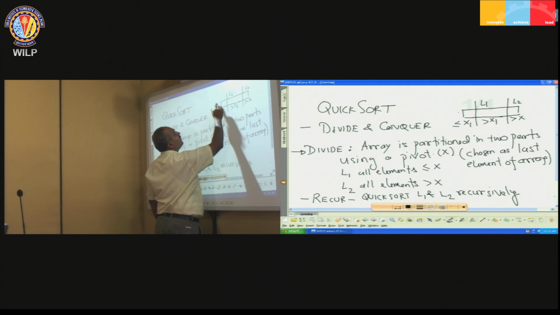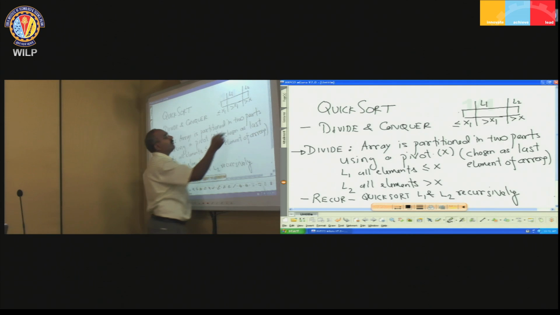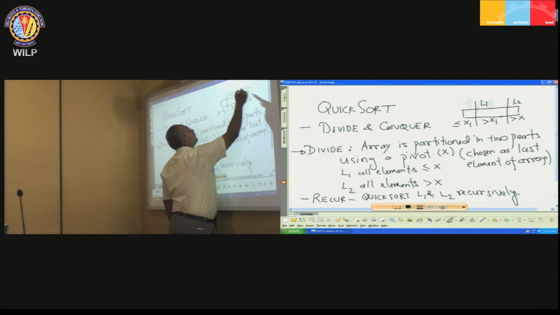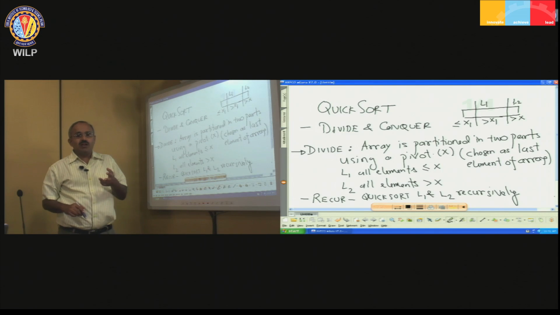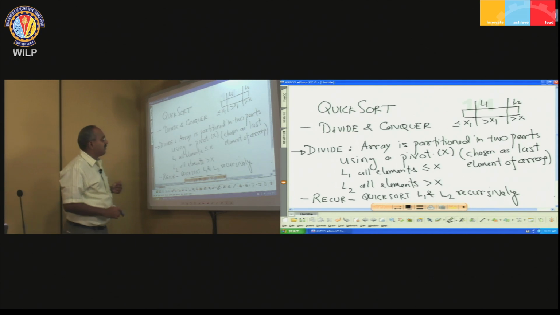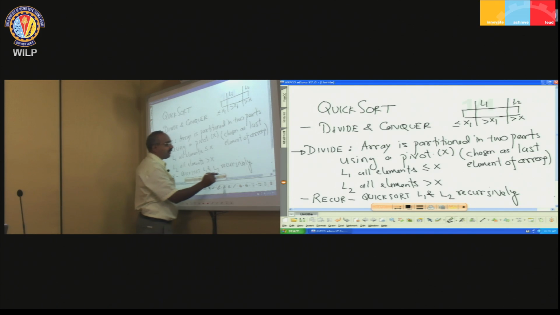So, L1 is partitioned into two parts. Similarly, I can partition L2 into two parts, and we keep on doing this recursively until your part has only one element in it. So, the base case is that you have only one element in your partition, and we are going to quicksort L1 and L2 recursively.